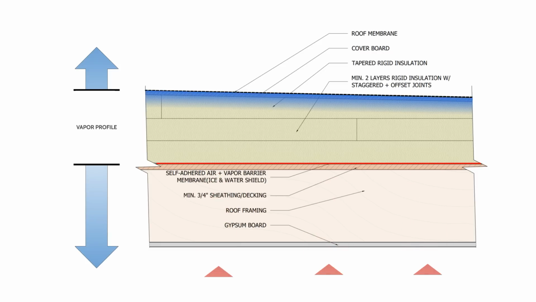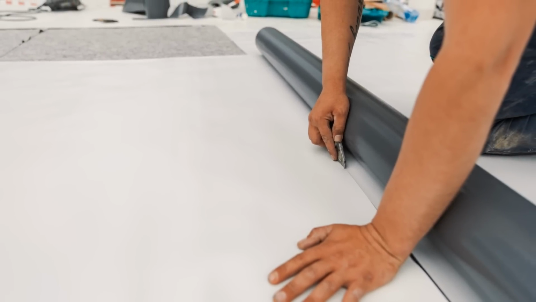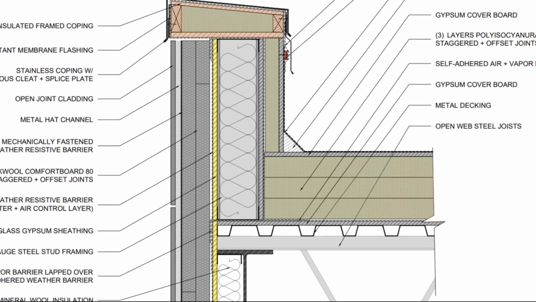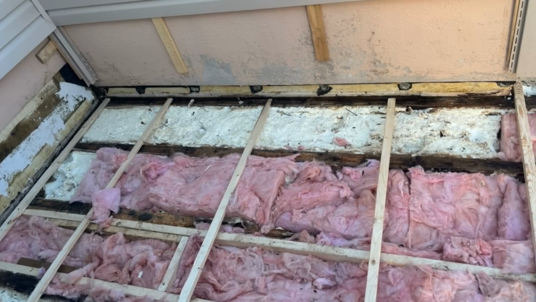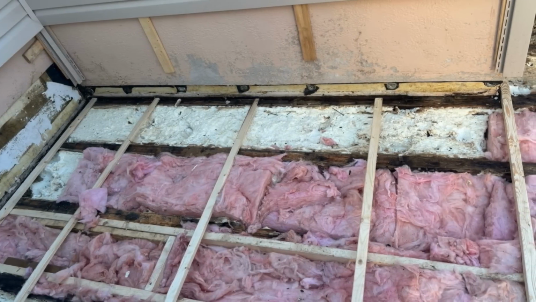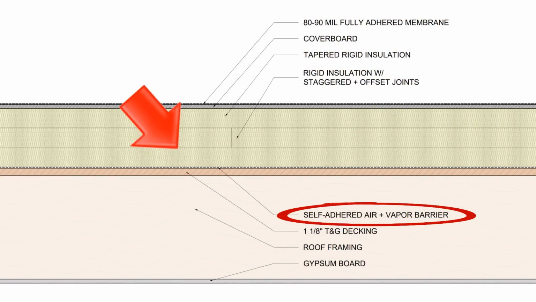We can't dry through a flat roof membrane because they're typically very strong Class 1 vapor retarders, so this means that we have to prevent moisture-laden air from the interior from getting into the assembly. Air leakage can transport a hell of a lot more moisture than vapor diffusion, and therefore we want an airtight membrane installed between the roof sheathing or roof deck and the rigid insulation installed above.